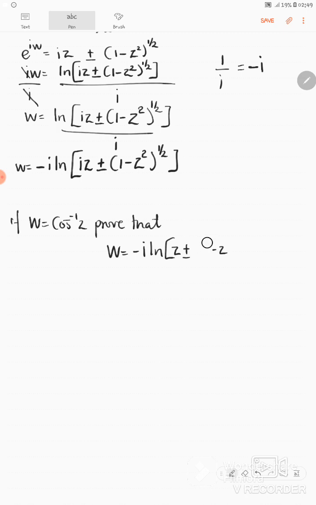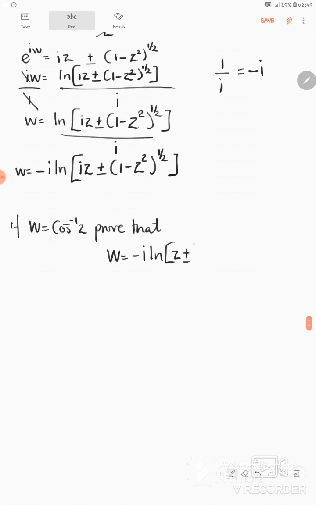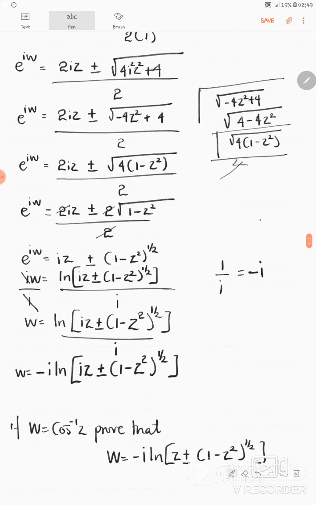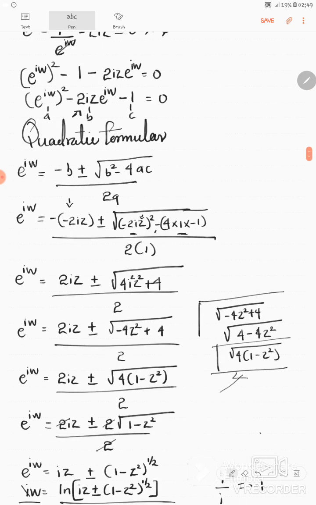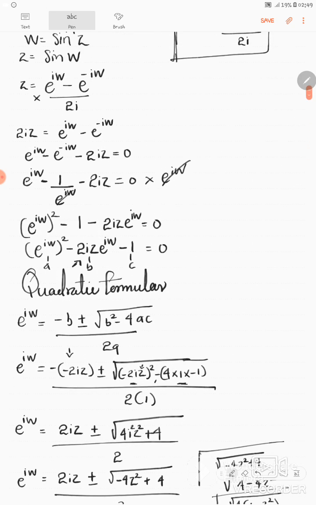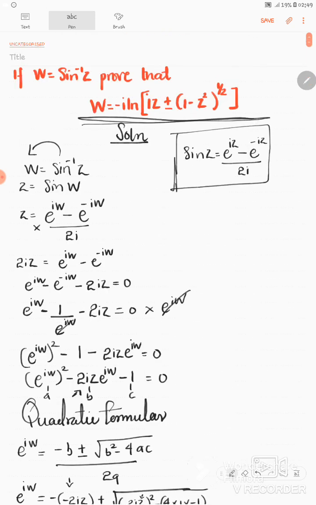No, there's no i there. That's plus or minus 1 minus z squared raised to power 1 over 2. I'm not going to do this. Let's just do this the same way we did this, the same method, the same procedure. Please ensure we do things step by step so as to get accurate results.